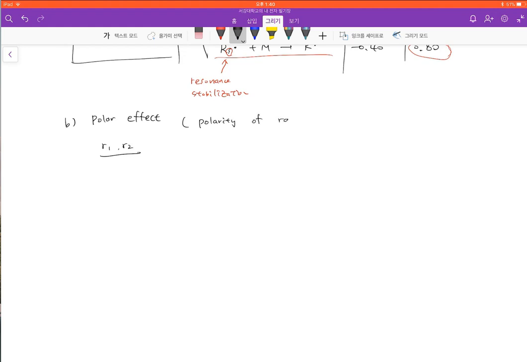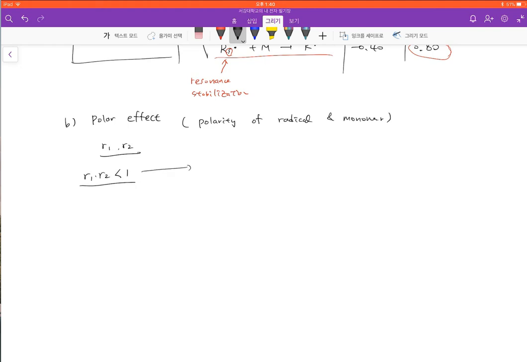Okay. So the polarity of each species, the polarity of radical and monomer, also has a huge effect.